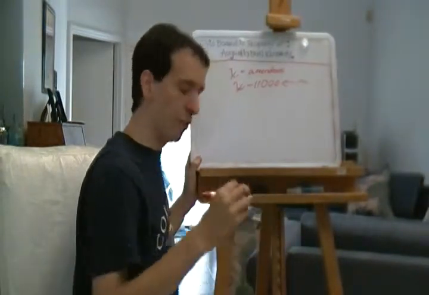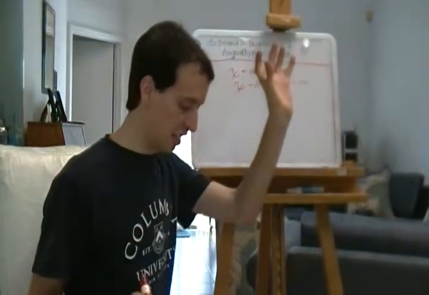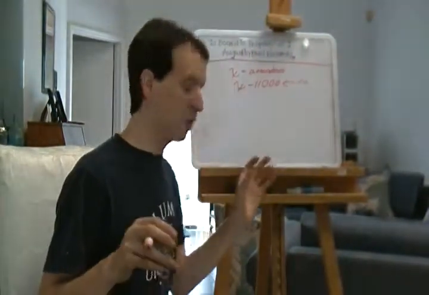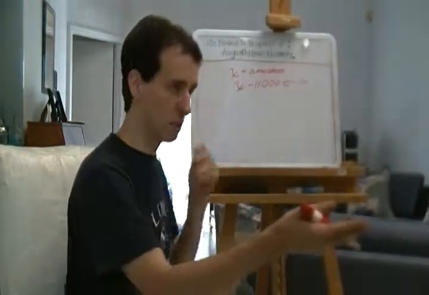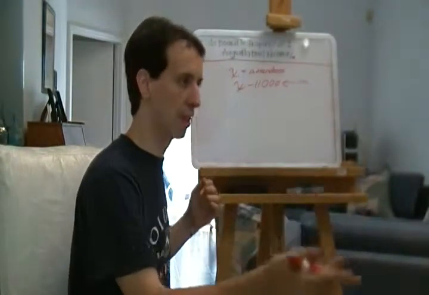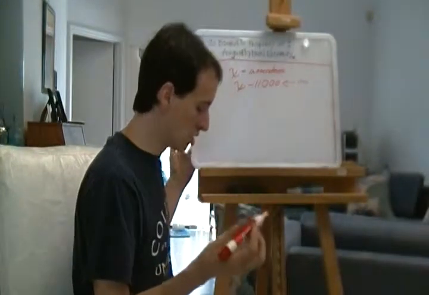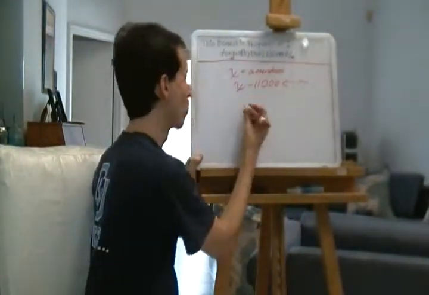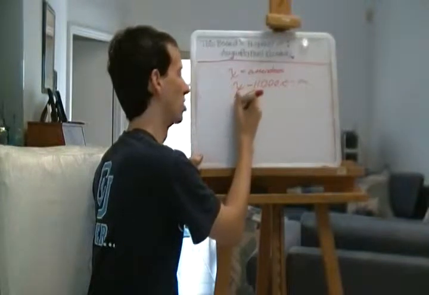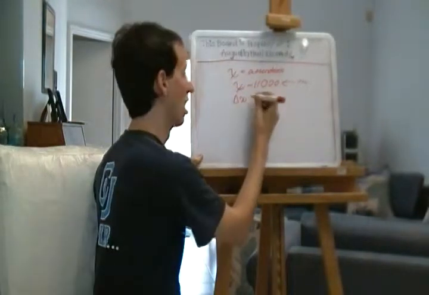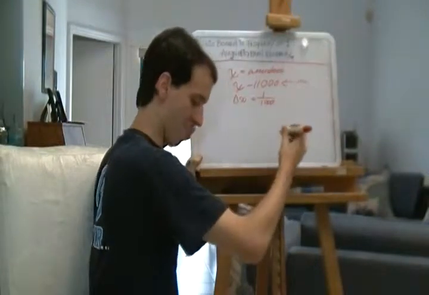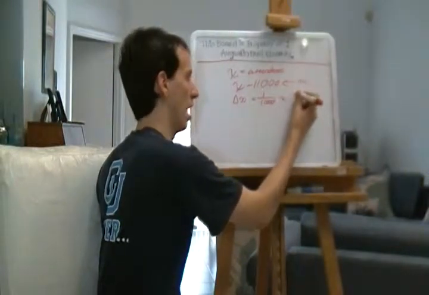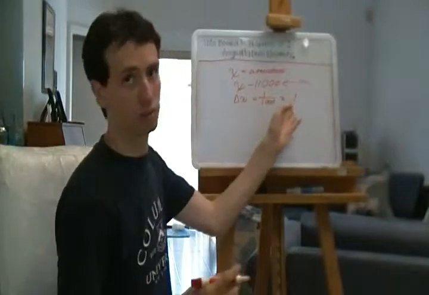Also, we know that for every dollar less, we get 1,000 more attendees, because it says the average attendance will increase by 1,000 for each dollar it's lowered. So what that's saying is that for every change in X, it's going to be 1/1,000 times $1.